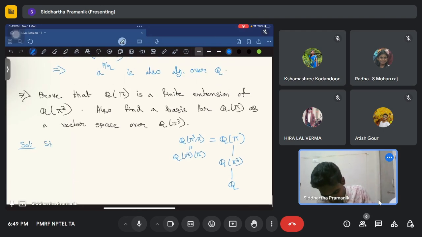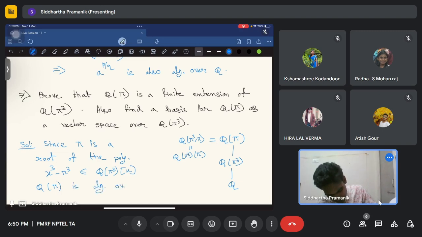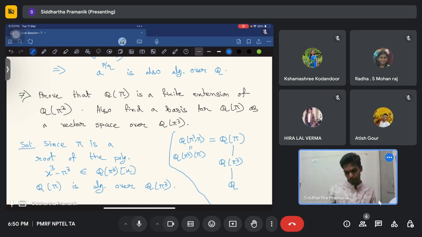Since pi is a root of the polynomial, let's say x^3 minus pi^3, which belongs to Q(pi^3)[x], Q(pi) is algebraic over Q(pi^3). So there is nothing to do. Did you get the idea?